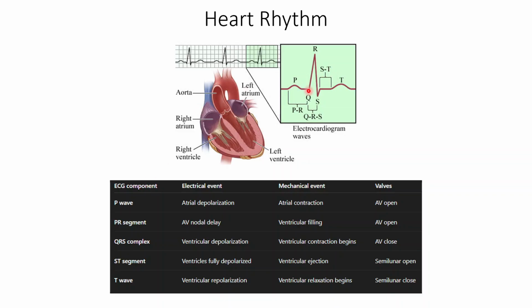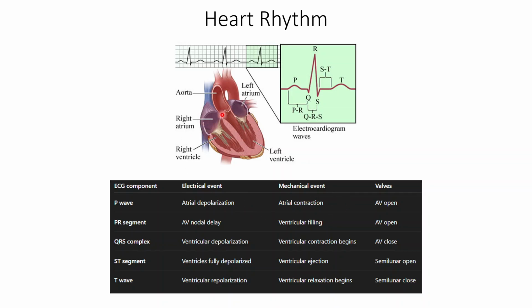So we'll start here with the P wave. The P wave is when atrial depolarization is occurring. So I've divided it here: you have an electrical event, which is atrial depolarization. You can sort of think of it like activation. So depolarization means contraction.